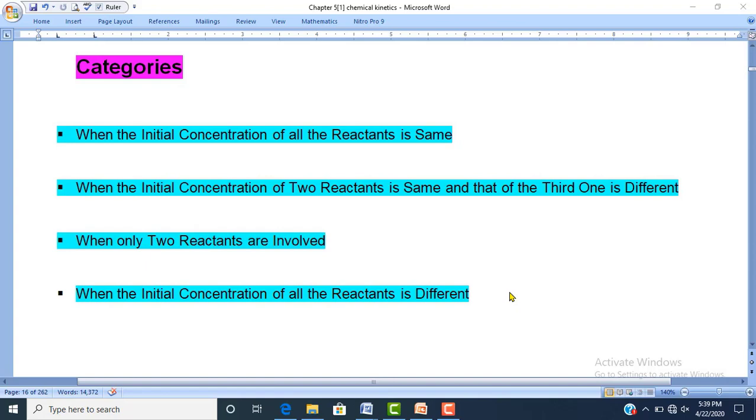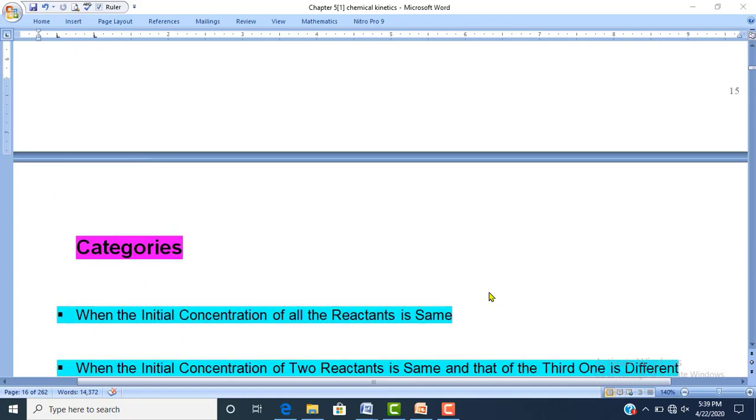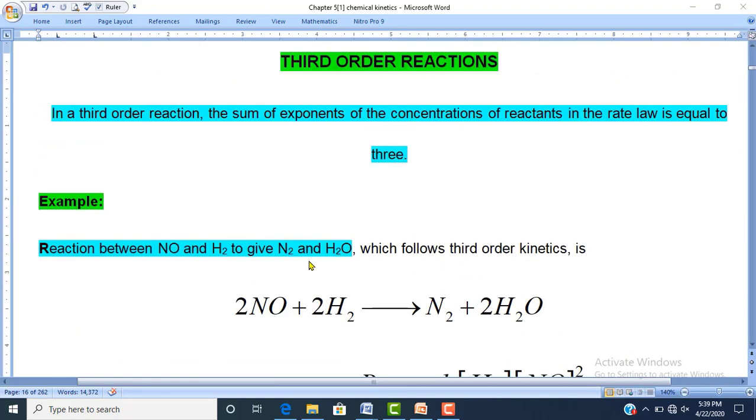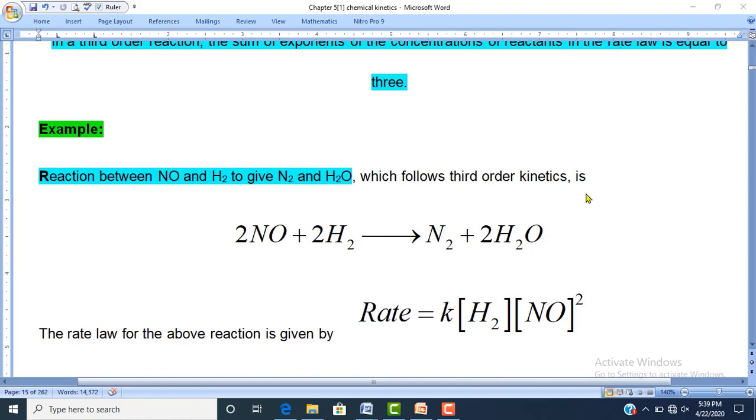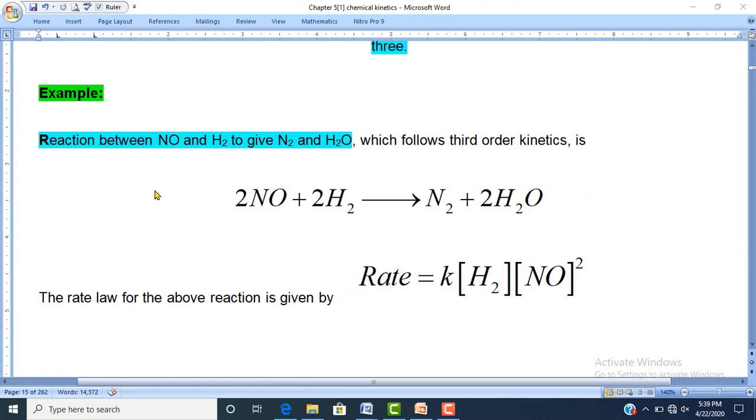So in brief, you can say that third order reaction is a reaction in which the sum of the exponents of the concentrations of reactants in the rate law is equal to 3, and the most important example is the reaction between nitric oxide and hydrogen gas to produce nitrogen gas and water.